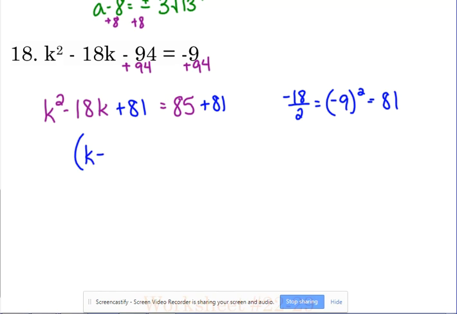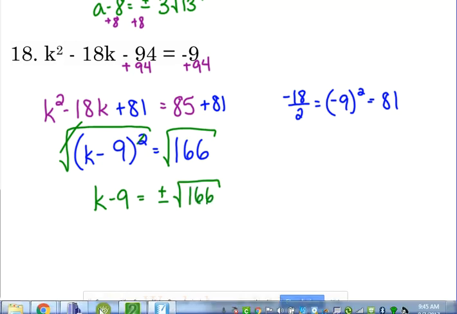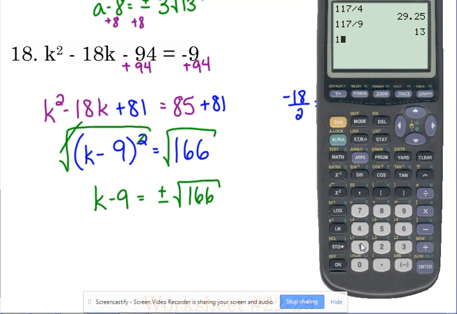So we add 81 to both sides. And we factor. K minus 9 squared is equal to 166. Take the square root of both sides. K minus 9 is equal to the plus or minus square root of 166. Let's see if 166 simplifies. I don't think it's 16.